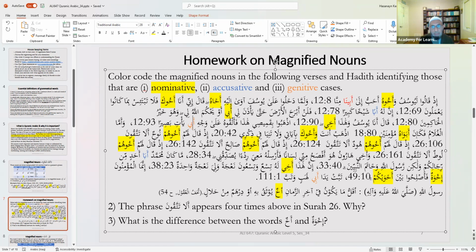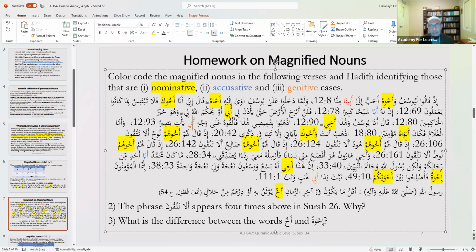So here is fakana abawahu, and their parents were believers, mu'minayn. So this again is nominative. Fakana abawahu. Here abawa is their parents, father.